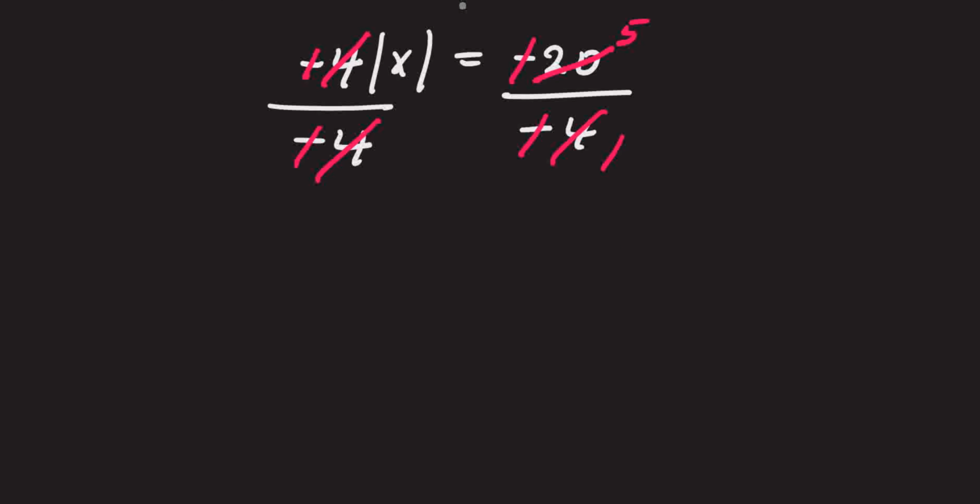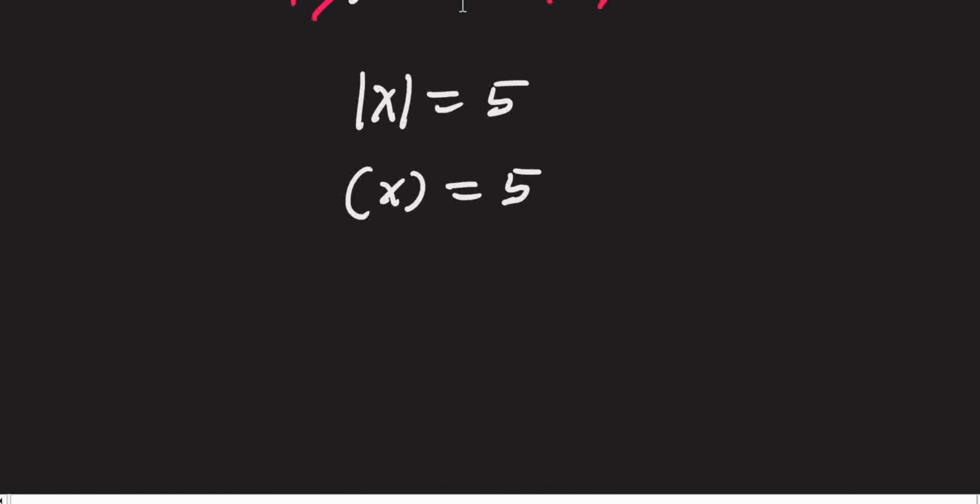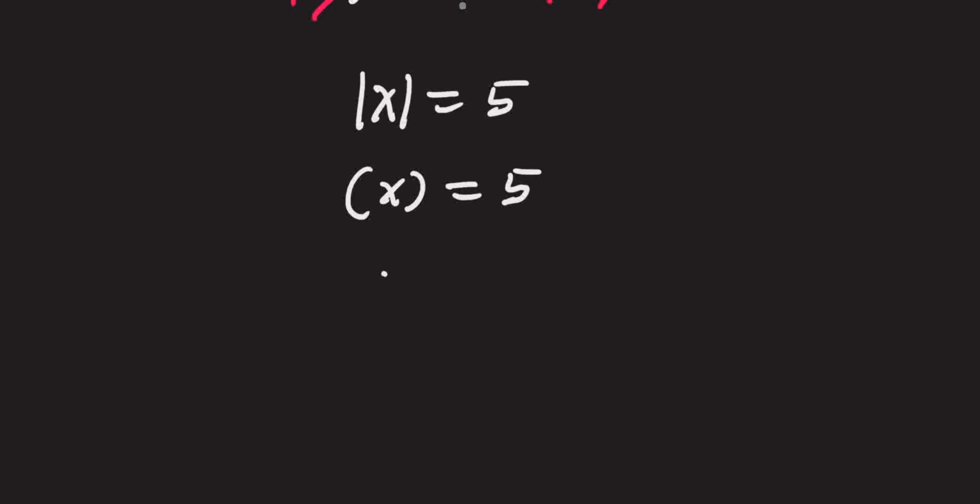So the absolute value of x is equal to 5. You can clear the absolute value sign and use the parenthesis and then equate that to 5. So when you clear the parenthesis, x automatically is 5. Also, place a negative sign here and equate this to 5.